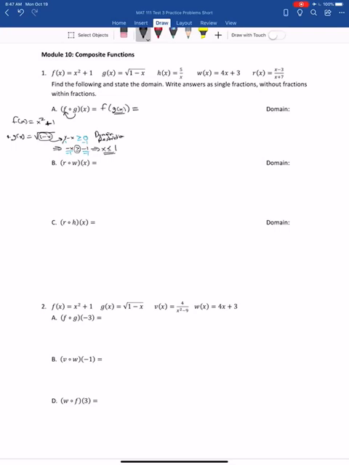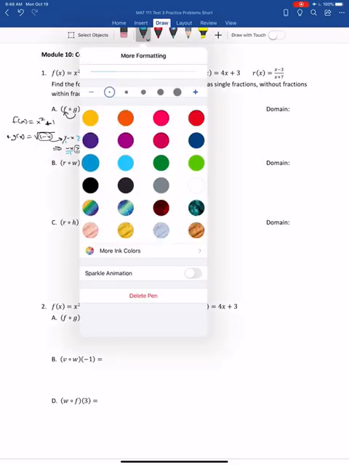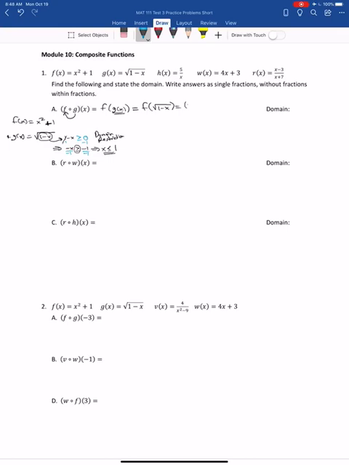So we're looking at evaluating f with an input of g of x, which is the function, the square root of 1 minus x. So let's begin showing our substitution. So wherever we see an x term in the f function, we're going to substitute g of x. So if f of x is x squared plus 1, out goes x, in comes the square root of 1 minus x.